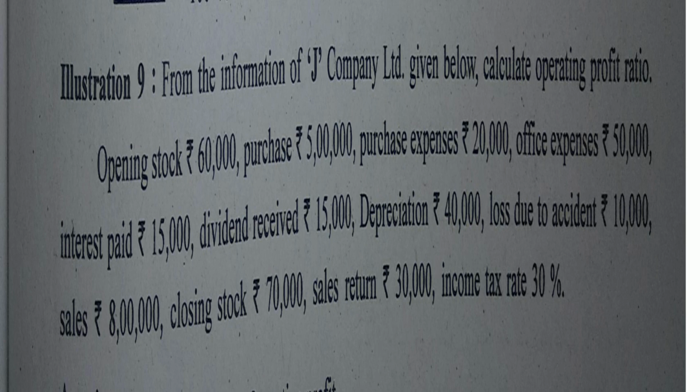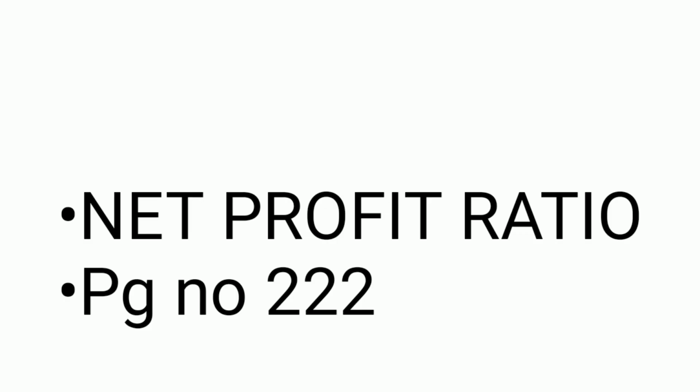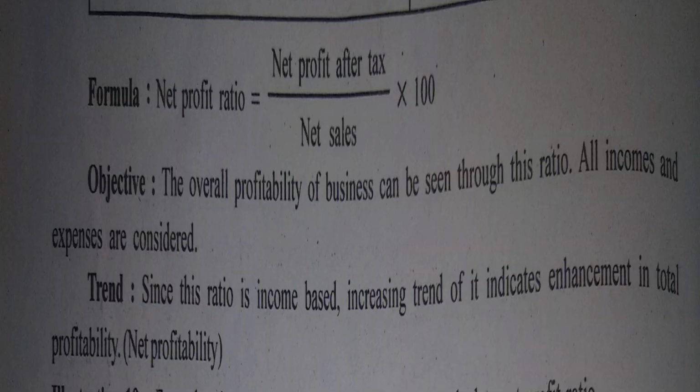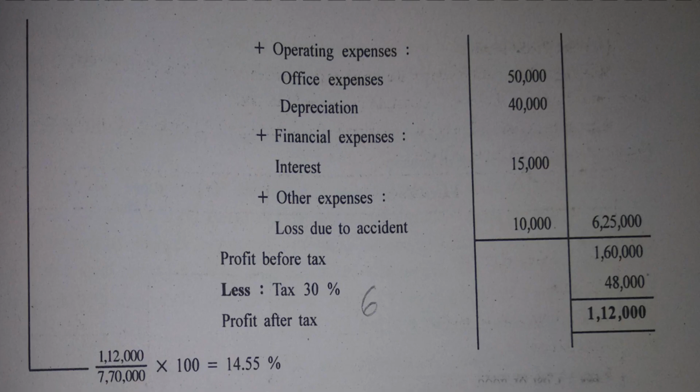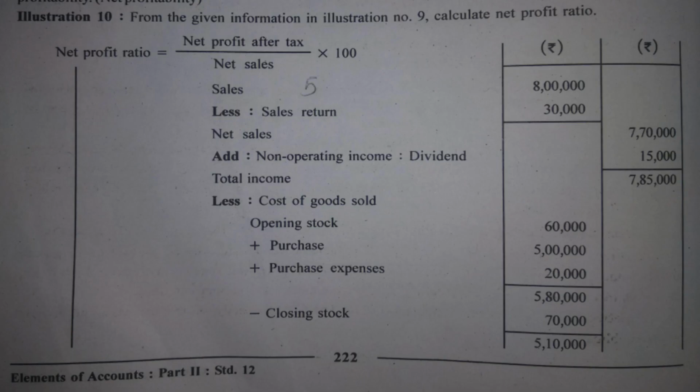From this question, we are obtaining net profit ratio as per the instructions given in illustration 10. We have obtained all the figures with the help of this question and presented them in the format of the net profit ratio formula. So obviously, the total expense is 6,25,000. This will be deducted from total income, which is 7,85,000.